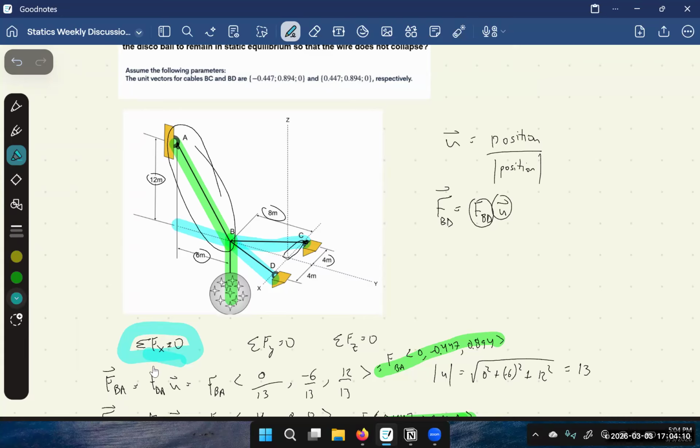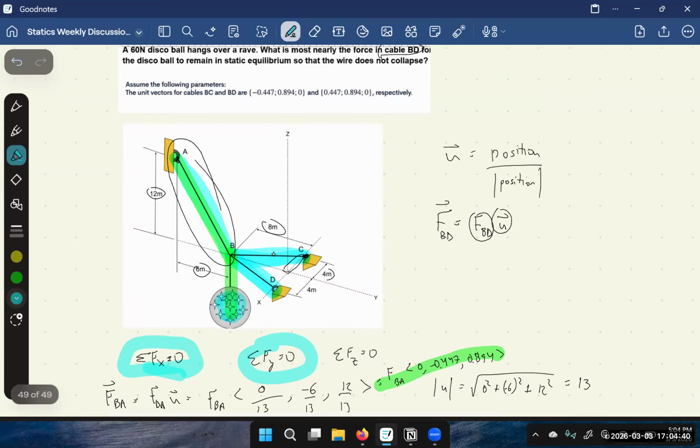So you can add up the forces in the traditional way using triangles. Here's one more. Sum of Fy equals 0. You look at it in the y-axis. So we have the y component of FBD, y component of FBC. There's a y component of FBA. There's no y component of the ball going down. So you add up those, solve for the unknowns.